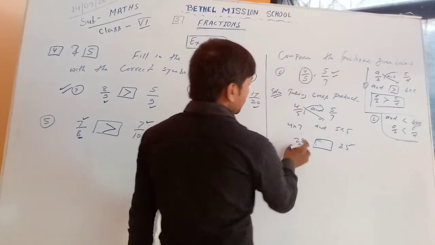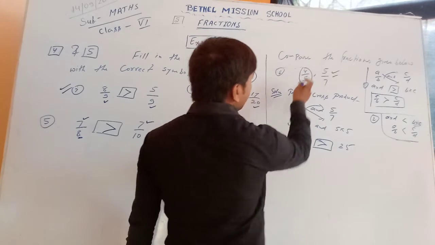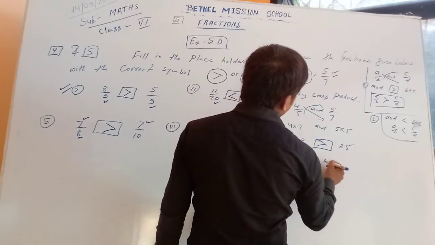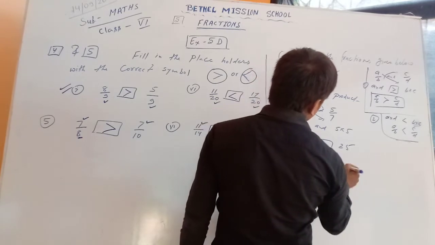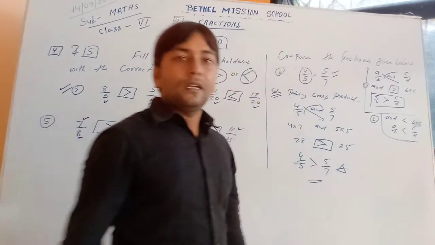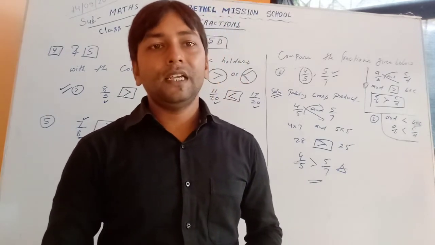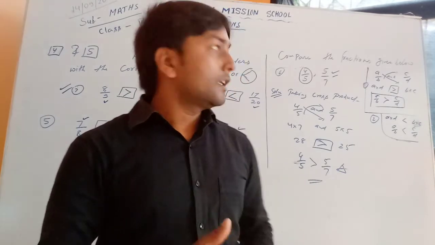Which one is greater? 28 is greater. That's why 4 upon 5 will be greater than 5 upon 7. Using this rule, you can do the rest of the questions. Now I solve the next question.